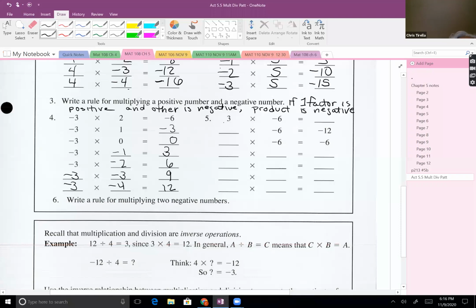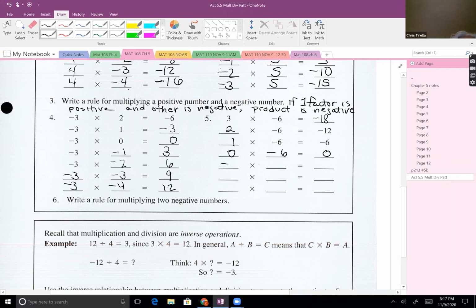And likewise, 3 times negative 6 is negative 18. 2 times negative 6 is negative 12. 1 times negative 6 is negative 6. 0 times negative 6 is 0. And again, while that column decreases, the other column is increasing by 6.